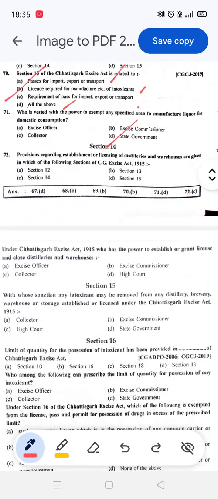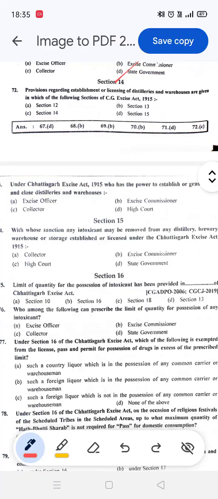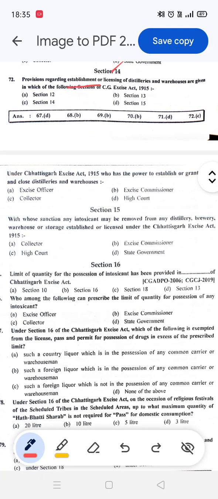Question number 72. Provisions regarding establishment and licensing of distilleries and warehouses are given in which of the following sections of the Chhattisgarh Excise Act? So it is given in section 14 of the Chhattisgarh Excise Act. Question number 73.